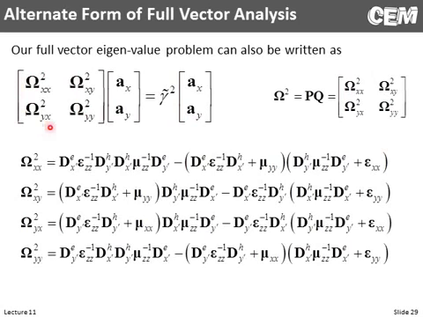There's 4 elements in this matrix: an omega squared xx, an omega squared xy, omega squared yx, and omega squared yy. So if we work through the linear algebra and the matrix algebra, here's how the expressions look for all 4 of those matrices in the omega squared matrix.